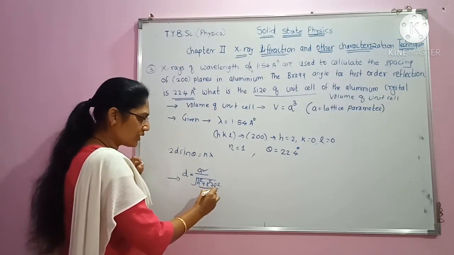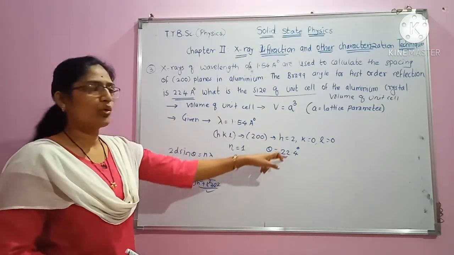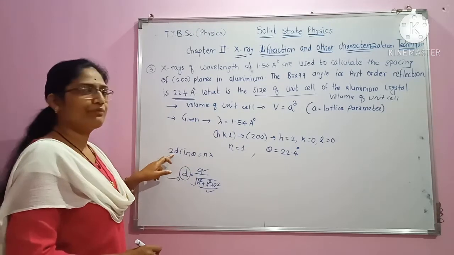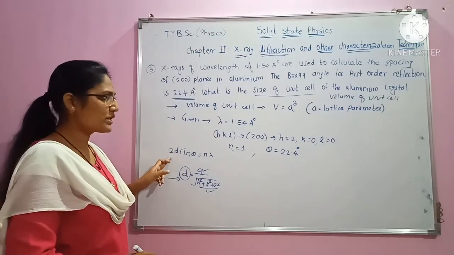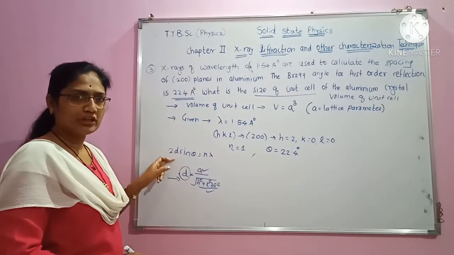This information is known to me, but what about d? d is also not given. So I have to calculate d first, and we have to start solving our example by calculating the value of d.